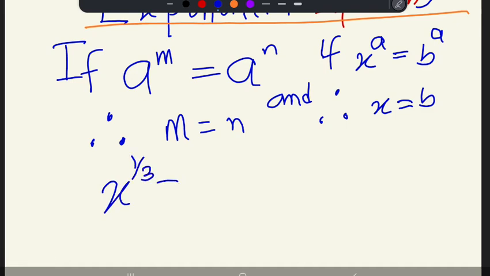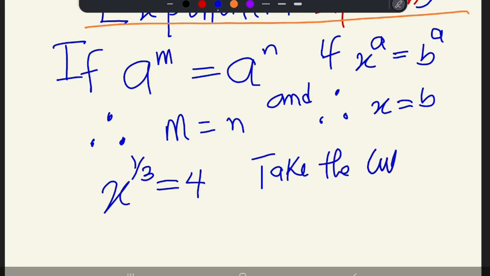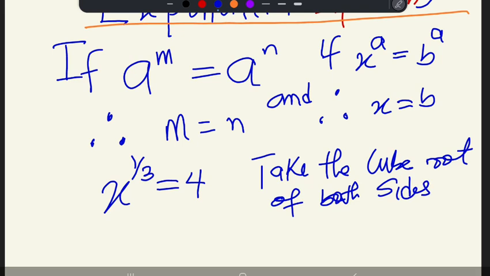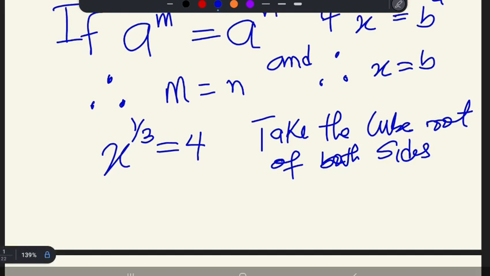the cube root of x is equal to 4. Now, if the cube root of x is equal to 4, what do you want to do in getting the value of x? You say, let's take the cube of both sides.